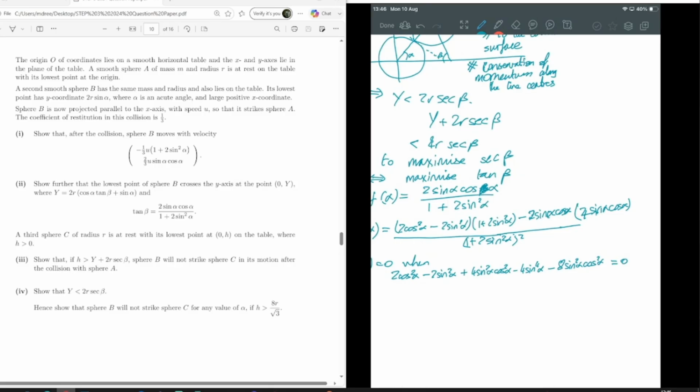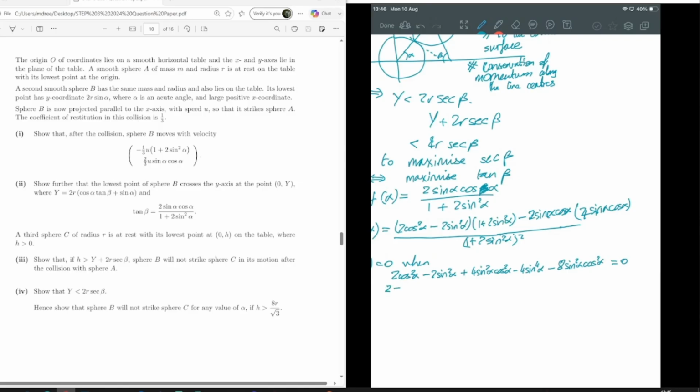Things to cancel or to think about. We can turn all the sines into coses or coses into sines. There's a few terms that can simplify.